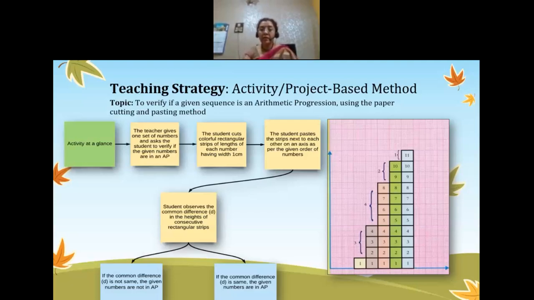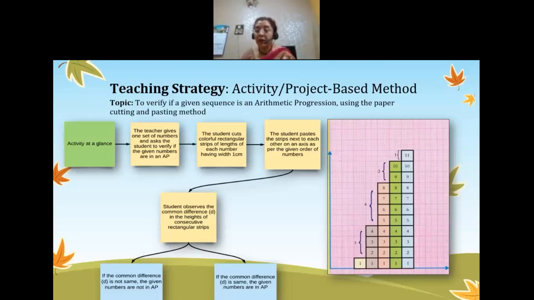Give another group another set of numbers. Now tell them to consider these numbers as the lengths of rectangles, each rectangle having a breadth of 1 centimeter, and these numbers are the lengths in centimeters. Now tell them to cut the rectangles.